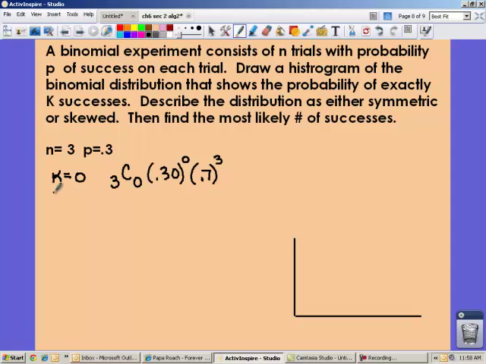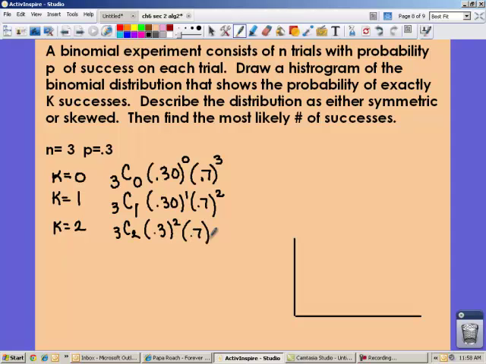Down here, we're going to do k equals 1, and we're going to do the same thing. And then k equals 2. And k equals 3.